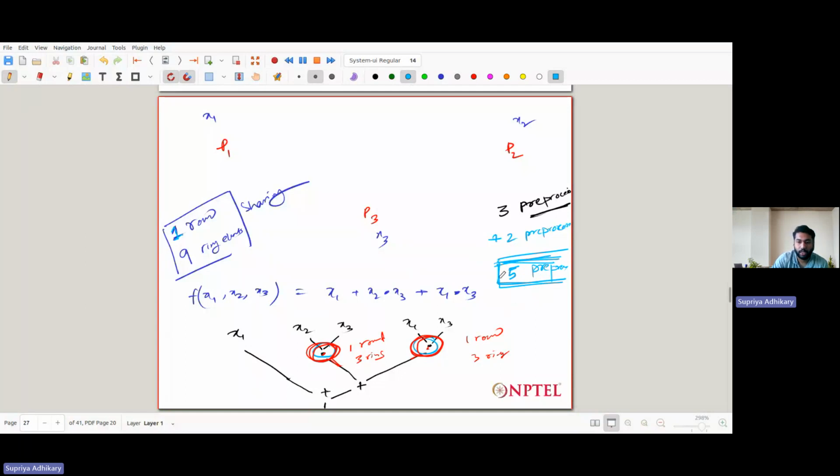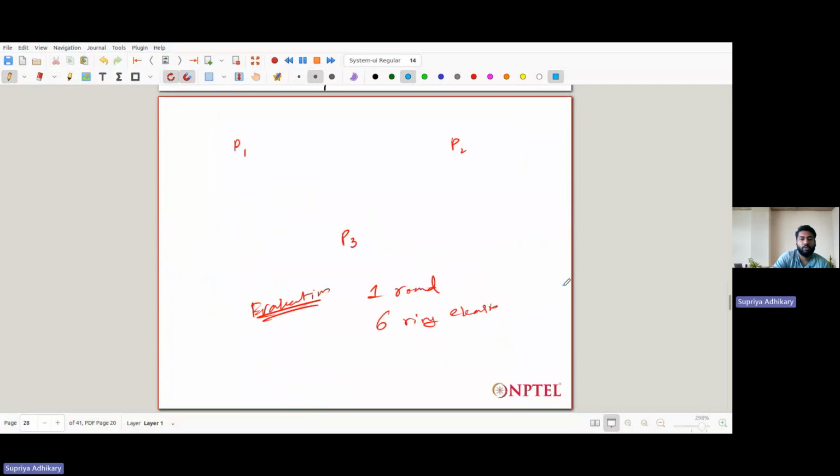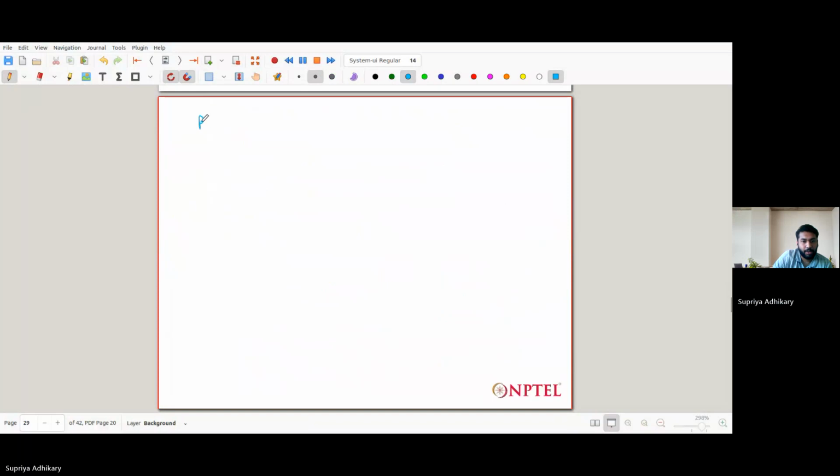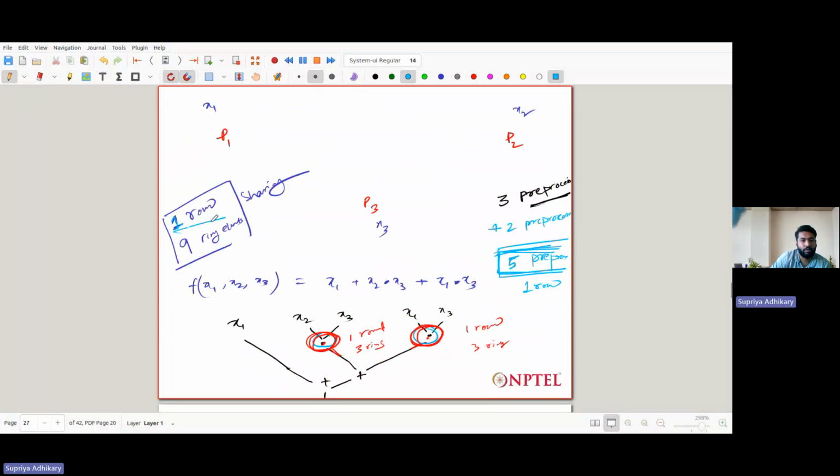So all this data can be communicated among these parties in only 1 round. So pre-processing takes 1 round. Then comes sharing. The sharing also takes 1 round.